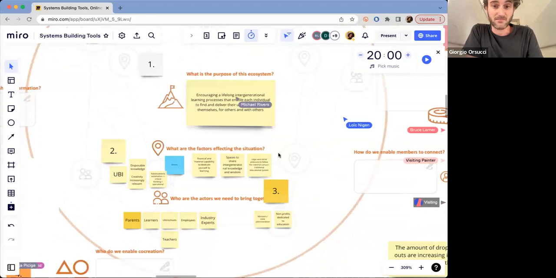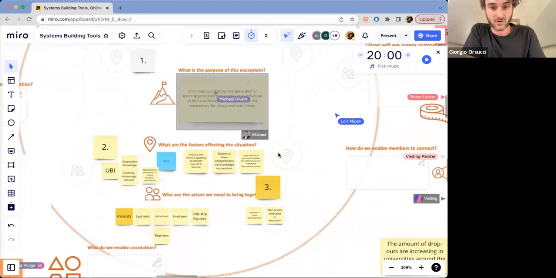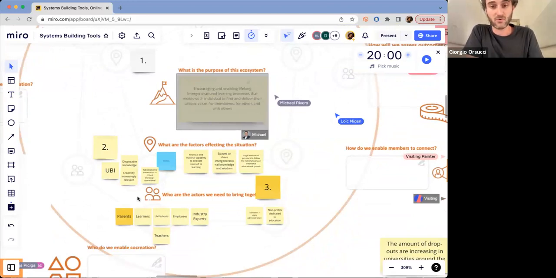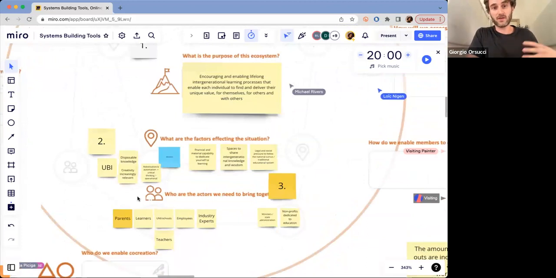And obviously, this is impacted by mega trends like automation, basic income, the fact that knowledge becomes more and more disposable because of new innovations that change things continuously, and so on.